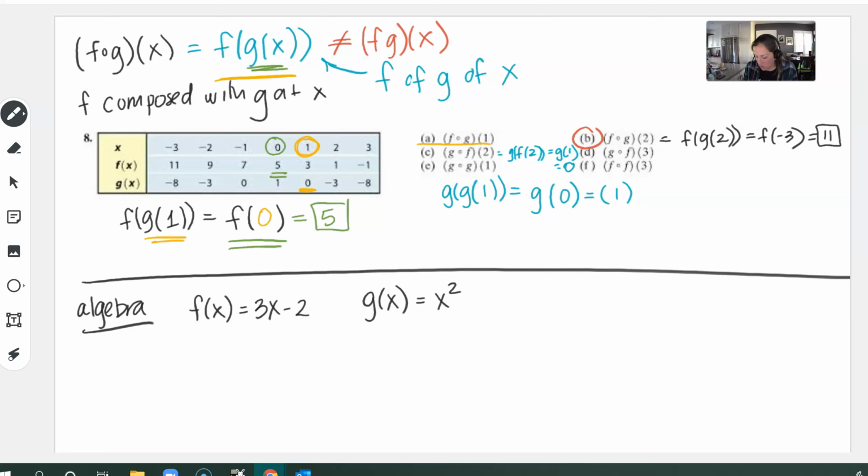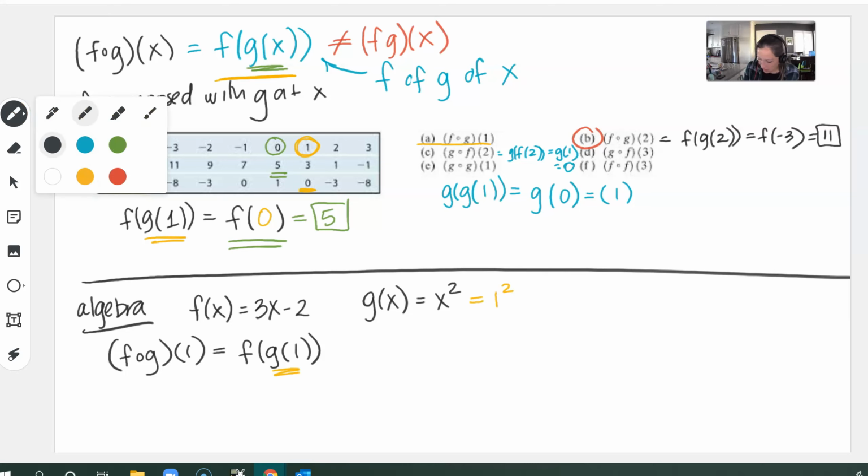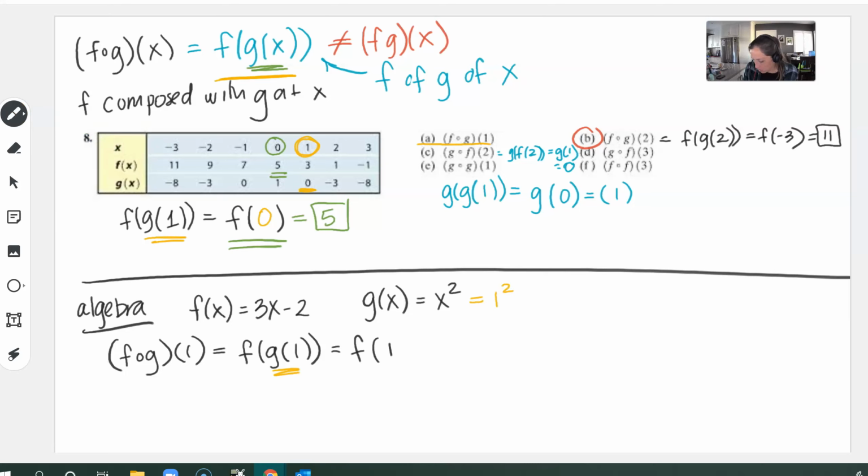We can do any of the problems we just did. Let's redo f composed with g at 1. This is f of g of 1. Moving from the inside out, g of 1 is just 1 squared, so we have f of 1. I'll use my yellow.